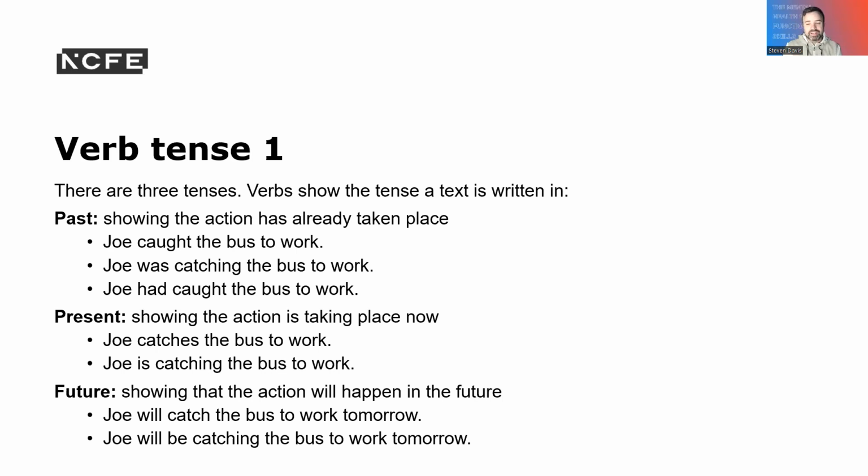Joe catches the bus to work, or Joe is catching the bus to work. So again, it sounds like it's now. And then the future shows the actions that will happen in the future. Joe will catch the bus to work tomorrow, or Joe will be catching the bus to work tomorrow. So caught, was, had are in the past, is catching and catches show the present, and then in the future, will catch or will be catching.